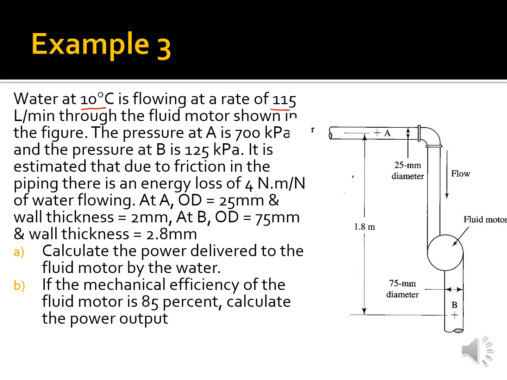The pressure at A equals 700 kilopascal, and the pressure at B is 125 kilopascal. It is estimated that the energy loss from the friction inside the pipe is 4 Newton meter per Newton, which is actually the HL value.